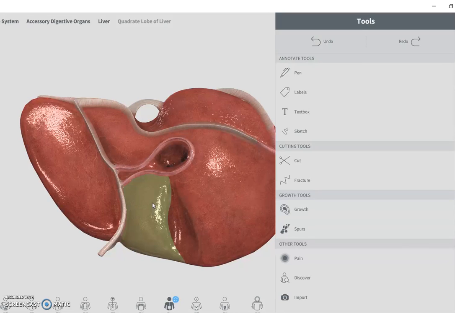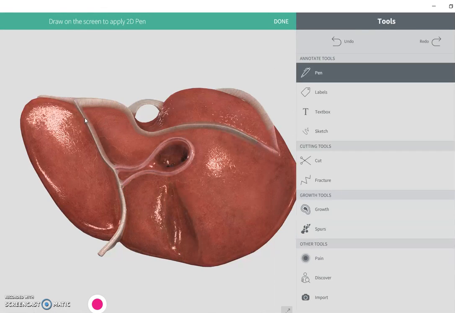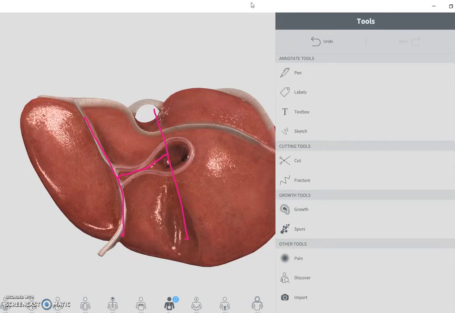So the H shape that I meant here is this one. This is the H shape that I would like to tell you about. The one that is horizontal here is known as the porta hepatis.